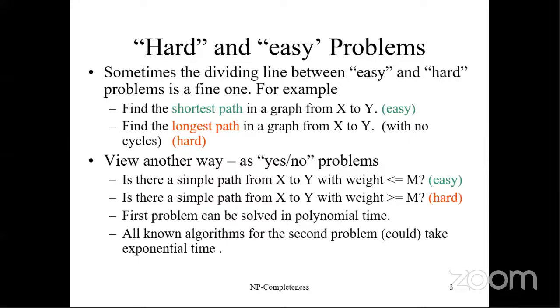But when you want the longest path in that same graph from x to y, with no cycles, then it is a hard problem. We can decide from the weighting: if there is a simple path from x to y with length less than or equal to m, then we say it is easy.